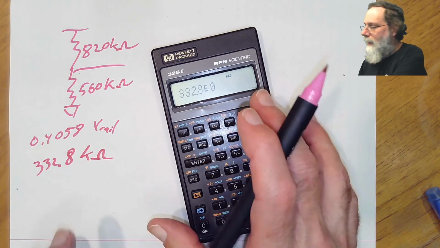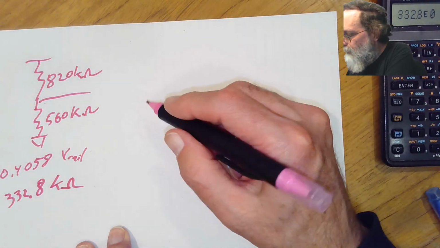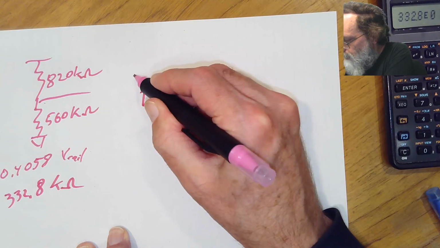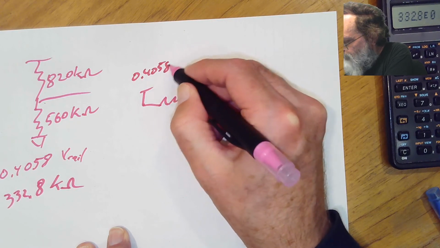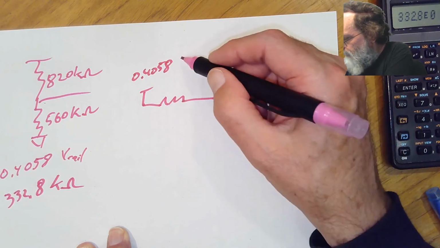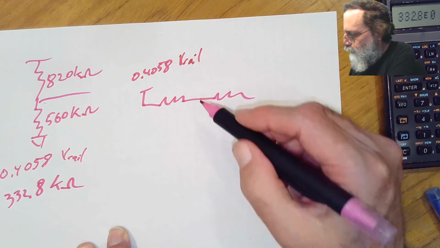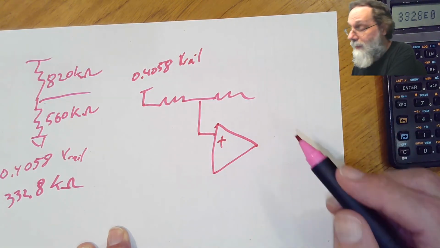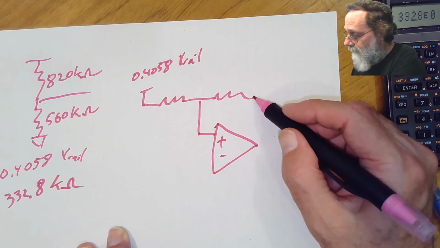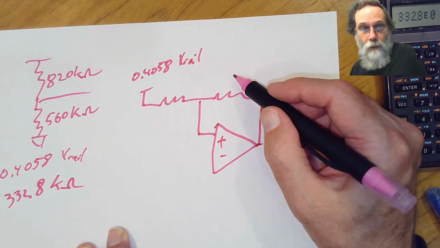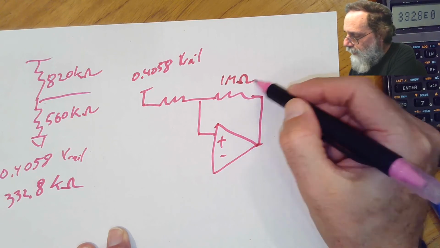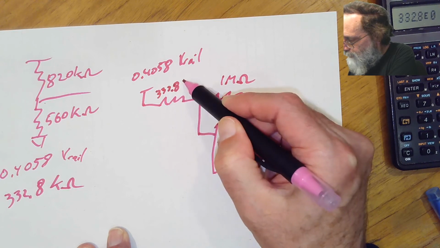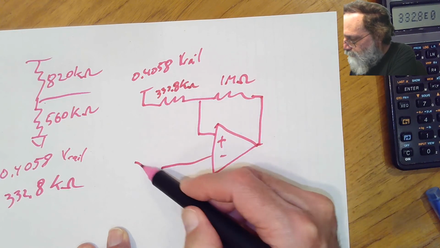Okay, so now what we've got is a circuit that looks like this, with 0.4058 times whatever our real voltage is going into that positive input. Remember, again, this is the Schmitt trigger, so we do the weird positive input stuff. And this one was 1 mega ohm, and this one was 332.8 kilo ohms. And here's Vin.